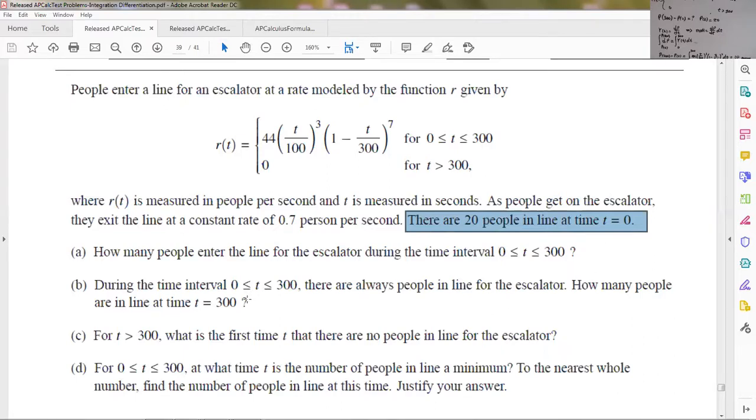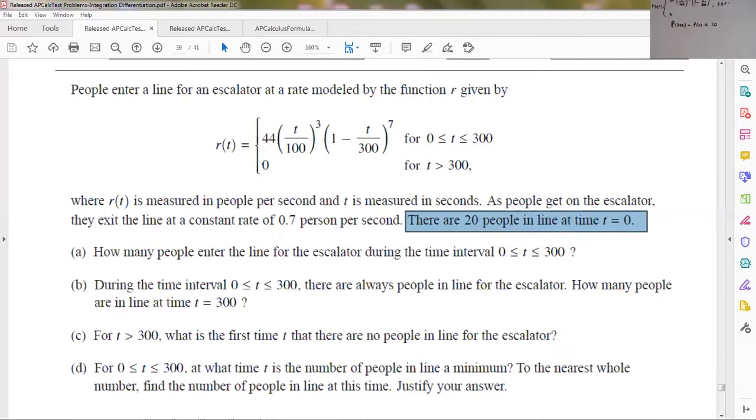How many people are in line at time 300? Okay, let's see. The first problem, let me just put it right here. So was P300 minus P in 0 equals 10, correct?